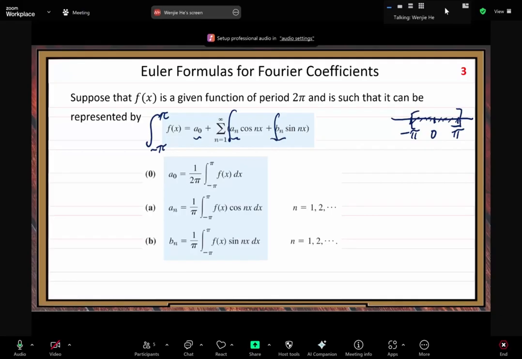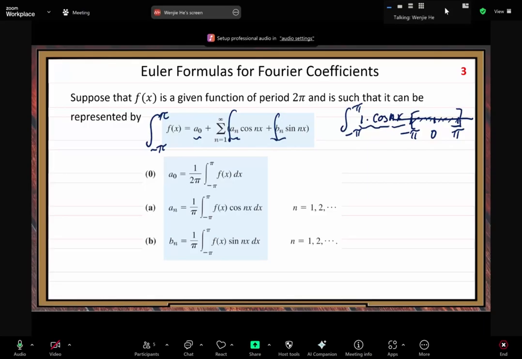Remember orthogonality? Look at this: the integral from negative pi to pi of 1 times cosine of nx. Because when these functions are different, the integral is 0, by our orthogonality property.